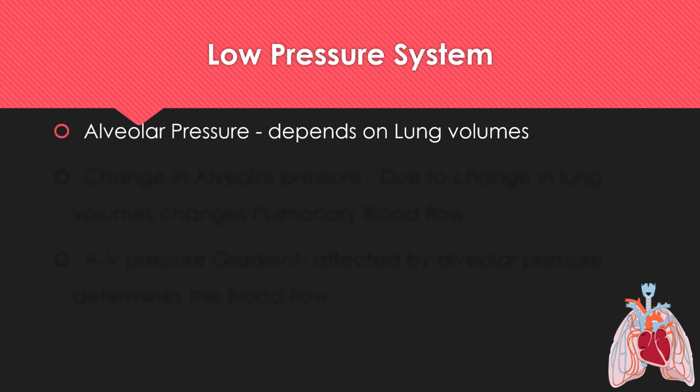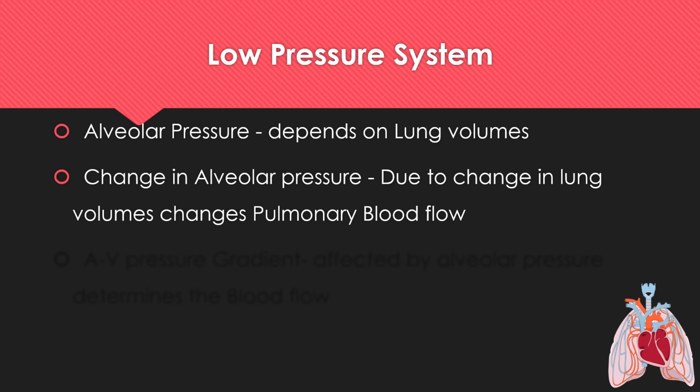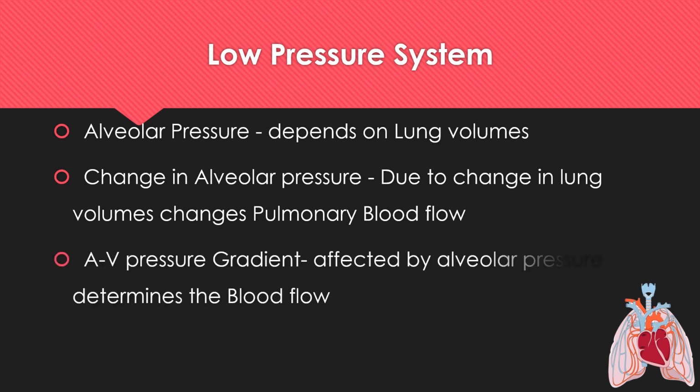The alveolar pressure depends on the lung volumes. When there is any change in the alveolar pressure due to the change in the lung volume, there will be changes in the pulmonary blood flow too.